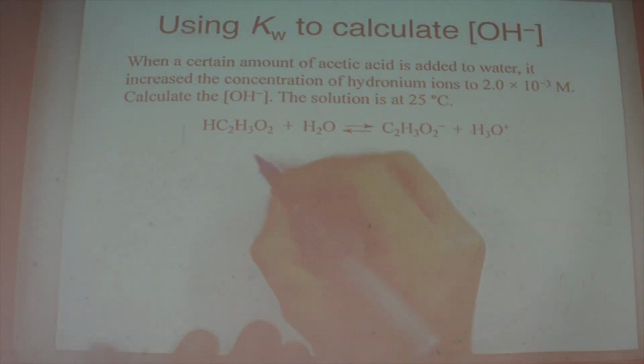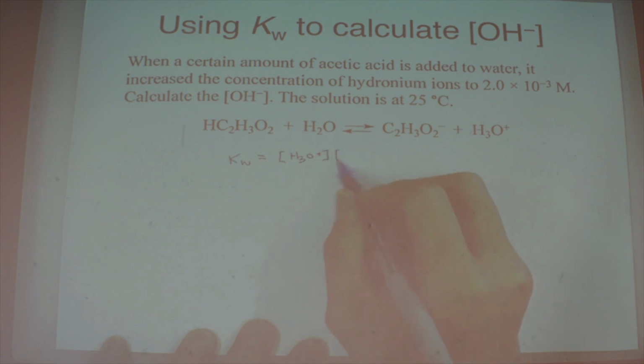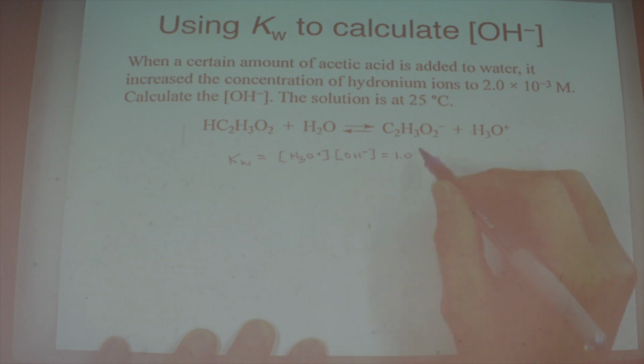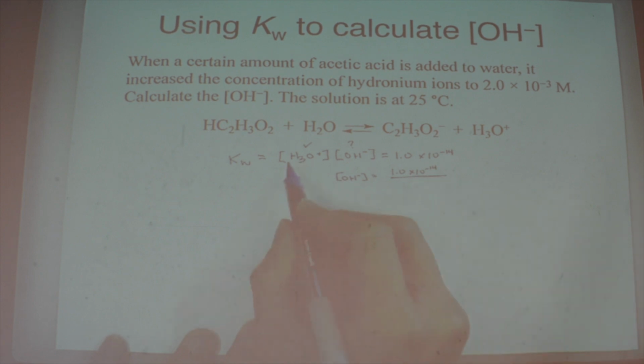So I tell myself, what is my equation? Kw is equal to hydronium concentration times hydroxide concentration. And remember, this was equal to 1.0 times 10 to the negative 14. We already know this value, we don't know this value. So we should rearrange this to isolate hydroxide only. Hydroxide then is basically 1.0 times 10 to the negative 14 divided by hydronium concentration.